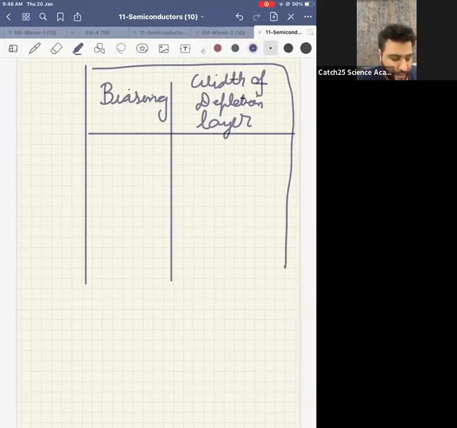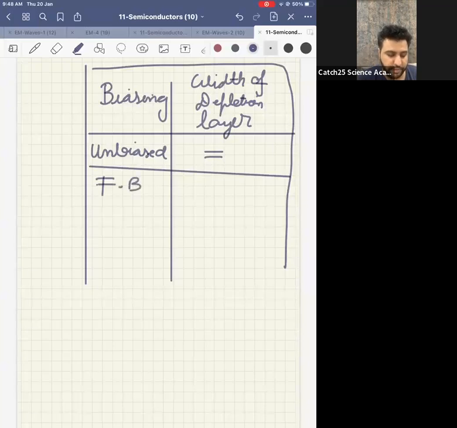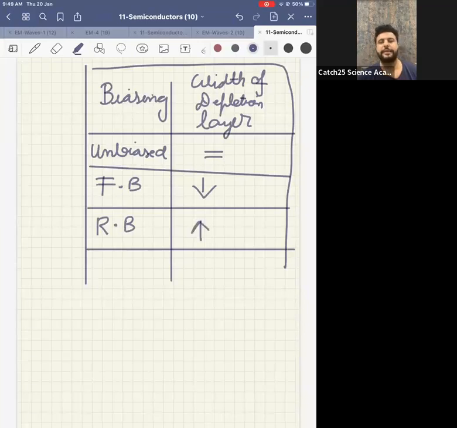See here, listen to this. For an unbiased diode, the width of the depletion layer does not change. For a forward biased diode, the width of the depletion region decreases. And for a reverse biased diode, the width of the depletion region increases.